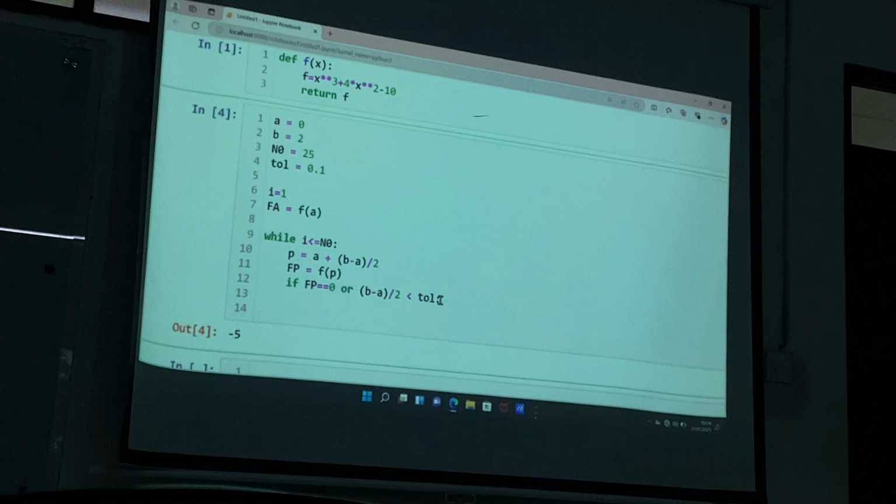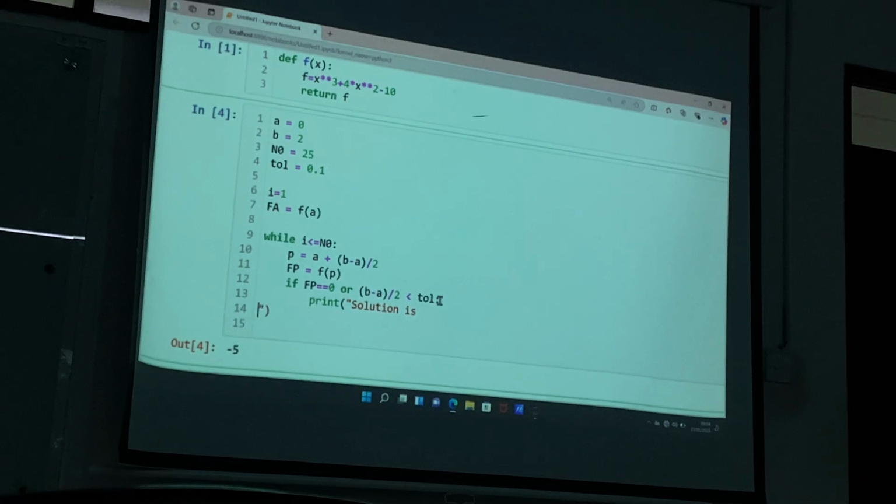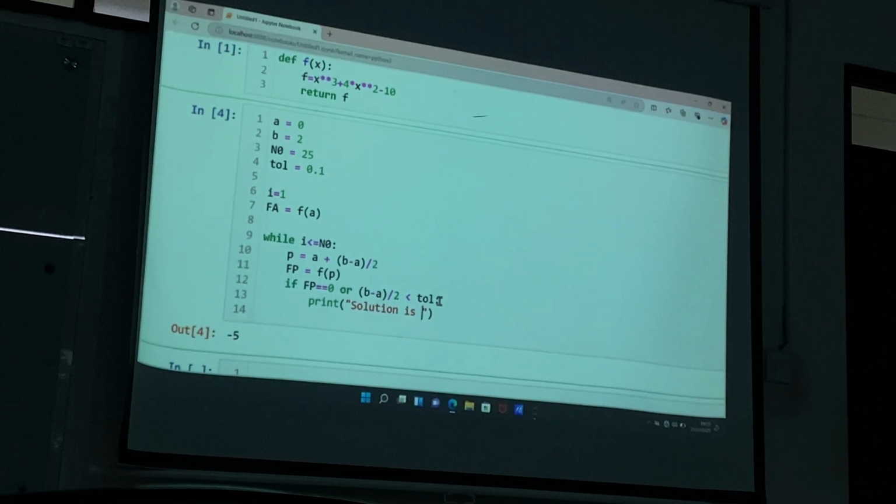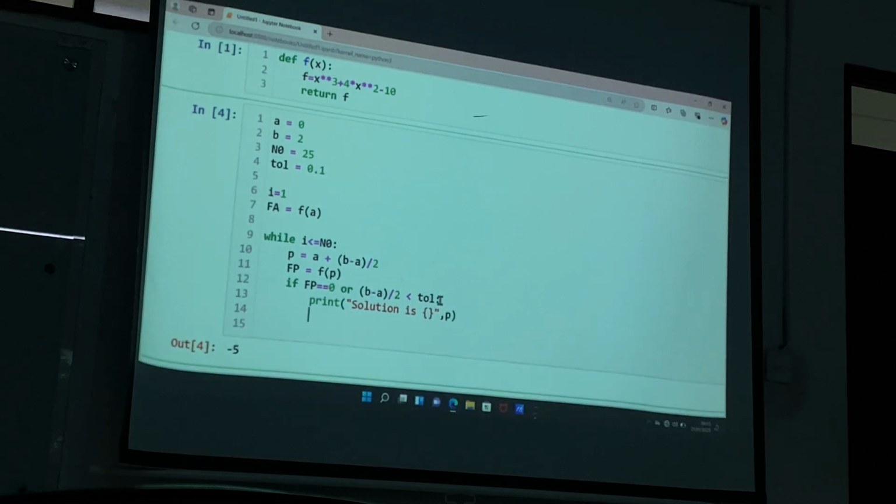Then what happens? We print the solution is P, and then break.